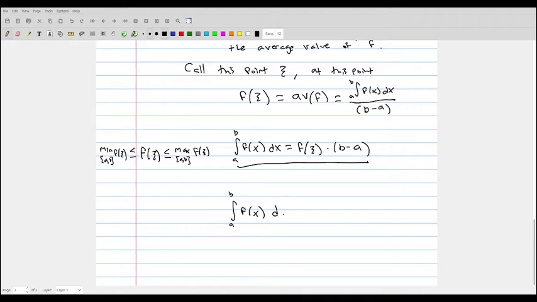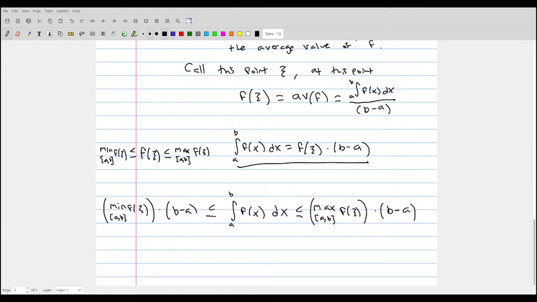So this integral, this not improper integral, will always be bounded between the maximum value of the function on the interval from a to b times the length of the interval, and it'll always be bounded below by the minimum value of the function on the interval from a to b times the length of the interval.